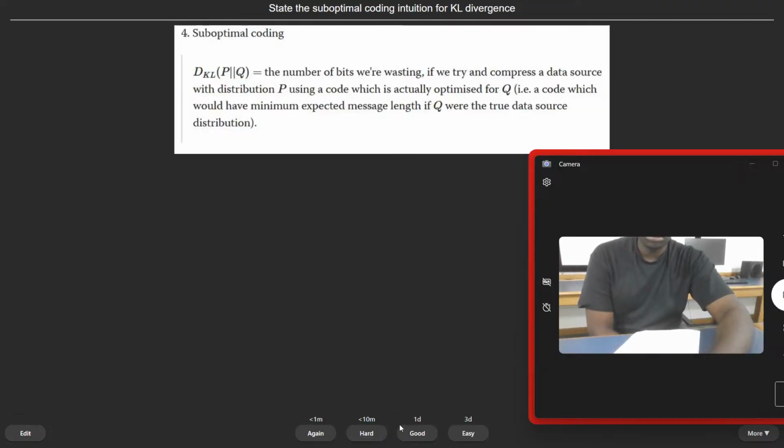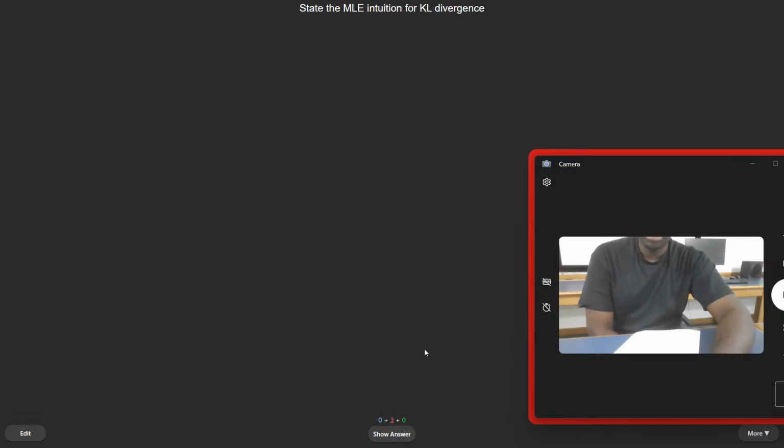The ML intuition of KL: if we take Q to be some parametric distribution, then the values of parameters which cause the KL divergence to be minimized are the maximum likelihood parameters of Q.